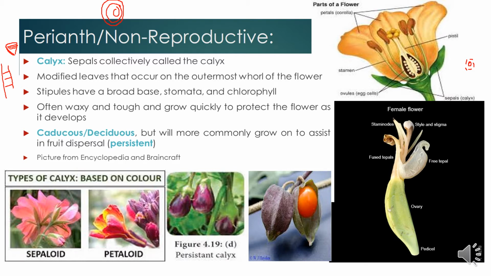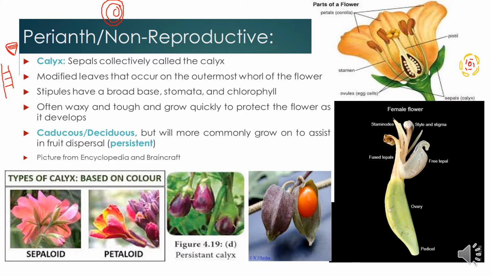And outer to the male organ are the protective non-reproductive layers of petals. So the inner two layers in red are the reproductive layers, and the outer two layers that I am drawing here in yellow and again in green will be the non-reproductive layers.